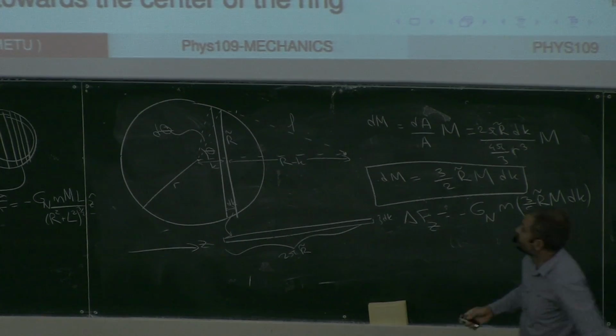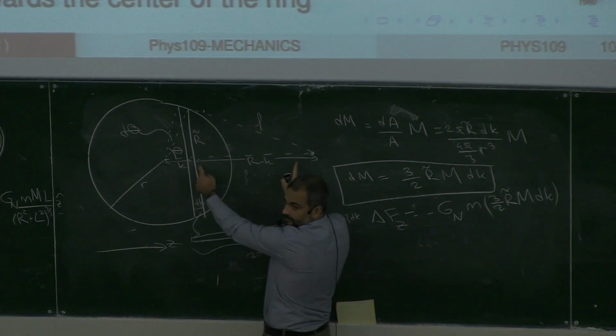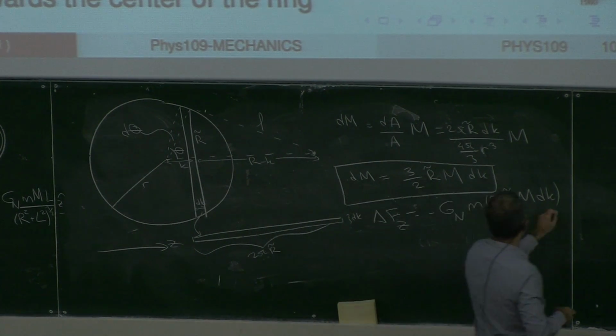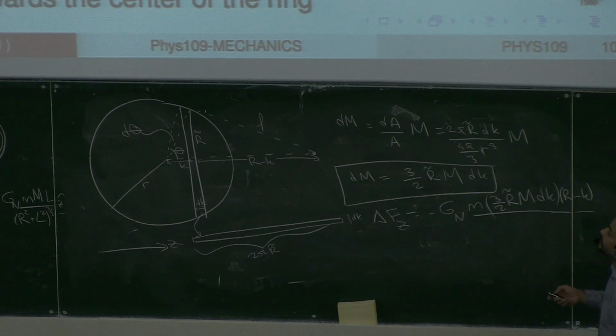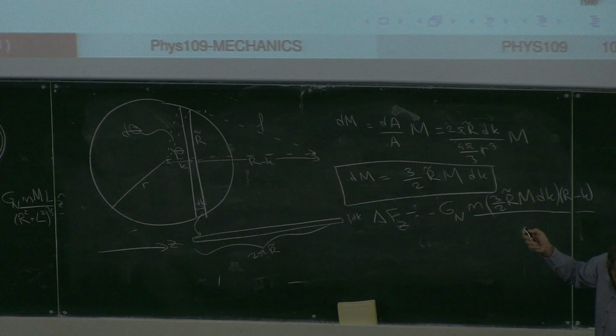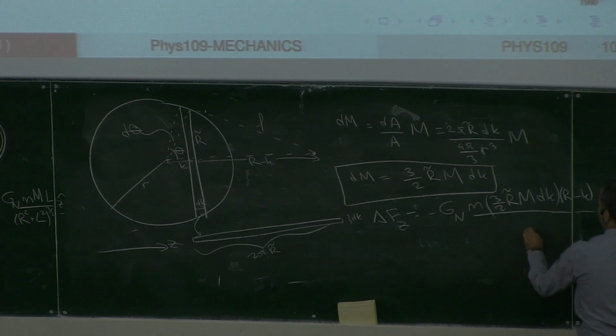In this example, it is just R minus k, multiplied by R minus k divided by l cubed, l being the distance of my mass from the edge of my ring. In this example, I denote it by small l.